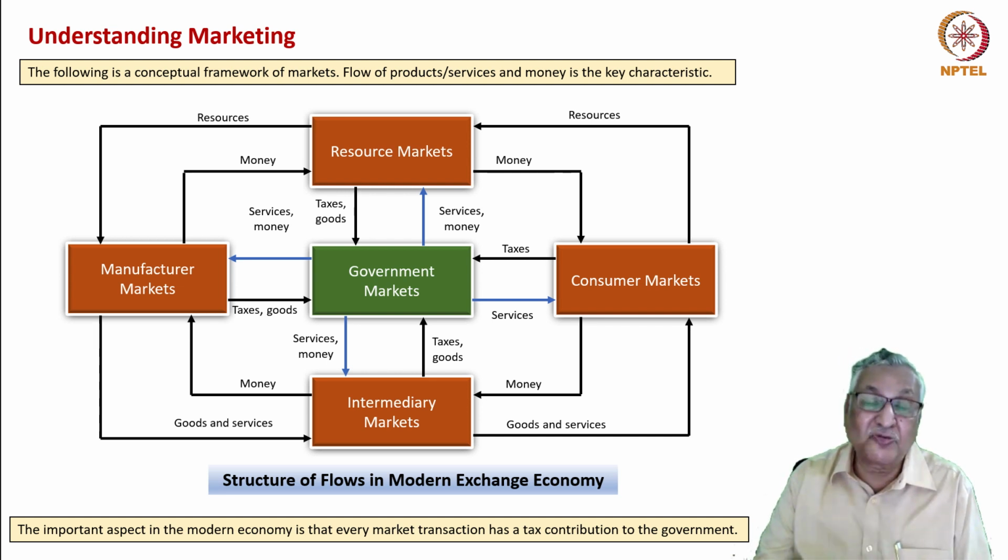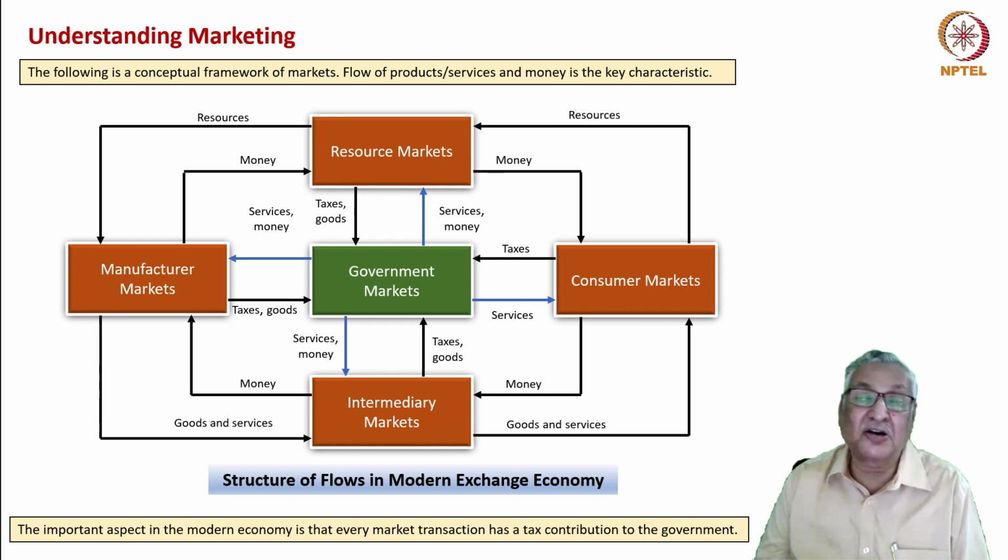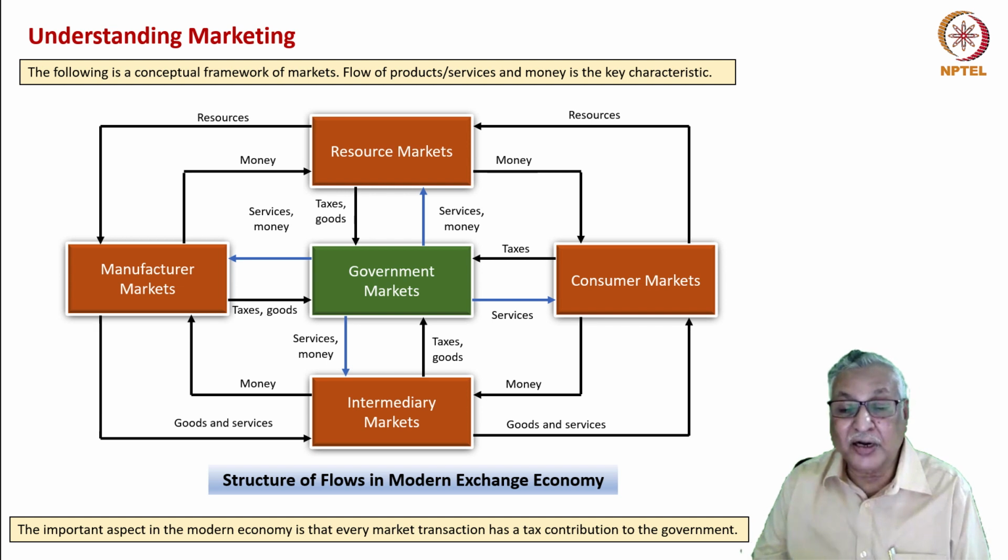So the structure of flows in the modern exchange economy is not as simple as a manufacturer producing a product and a customer buying it. There are more markets involved in the market exchange economy of the modern world. The important aspect in the modern economy is that every market transaction has a tax contribution to the government.